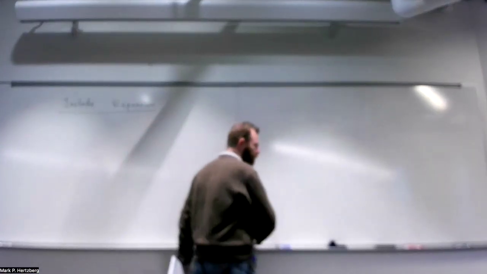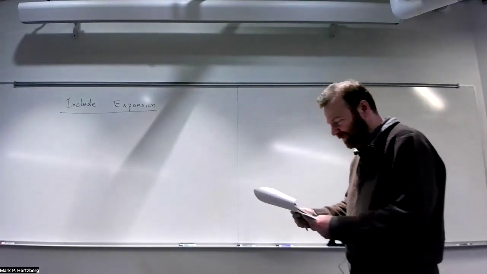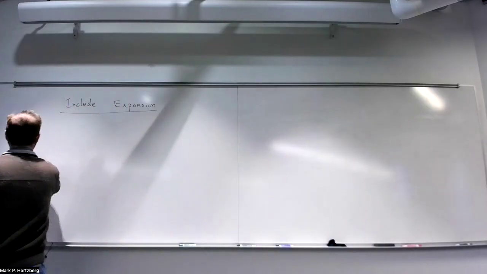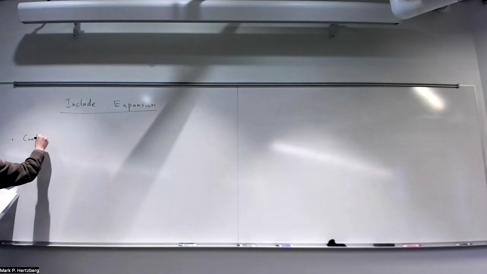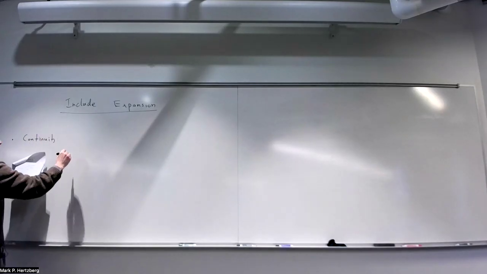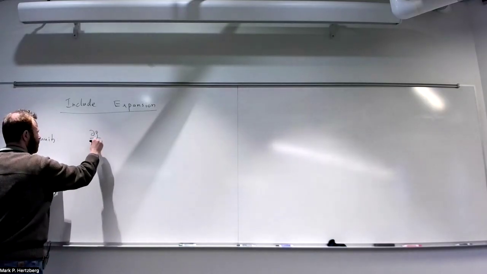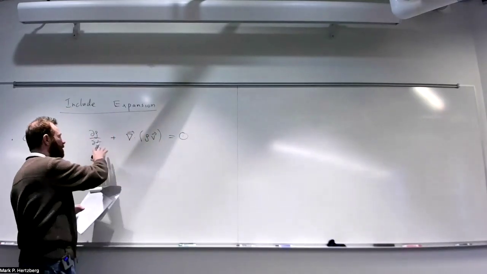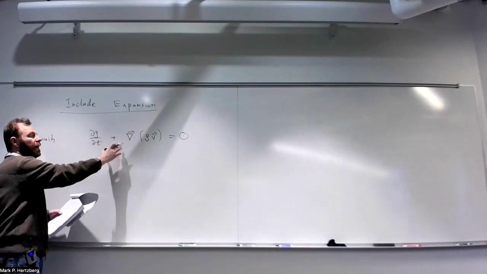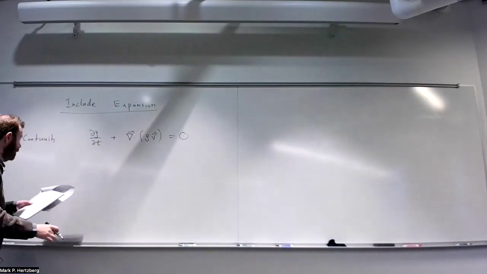So unfortunately, this is going to take us some time, but maybe it's worth it. So let me remind you of the equations we wrote down last time. We have the continuity equation. Again, density field or mass density and velocity field.